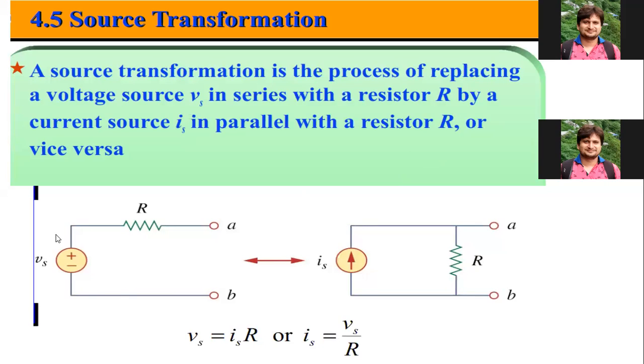The point here is that the voltage source is generally connected in series with resistance. The internal resistance of a voltage source is generally in series, and the internal resistance of a current source is generally in parallel. It is always true.